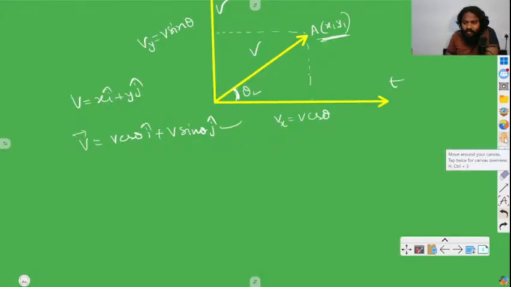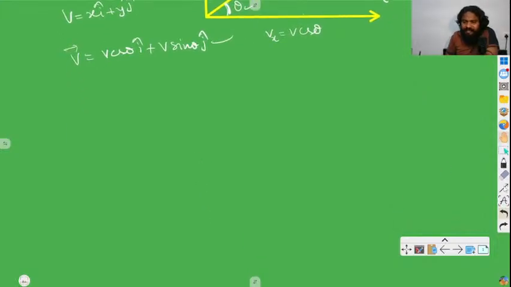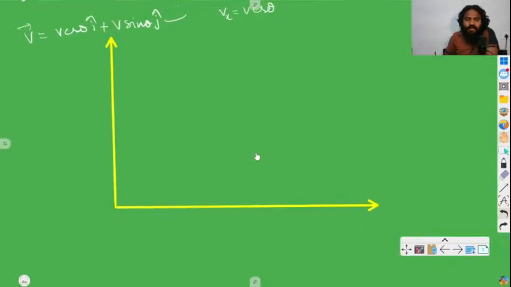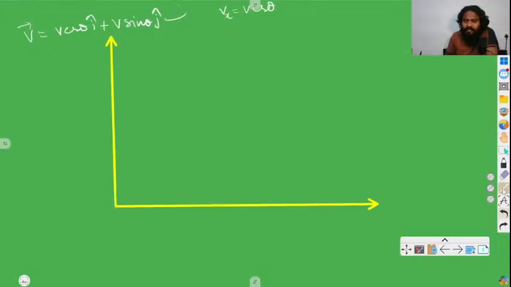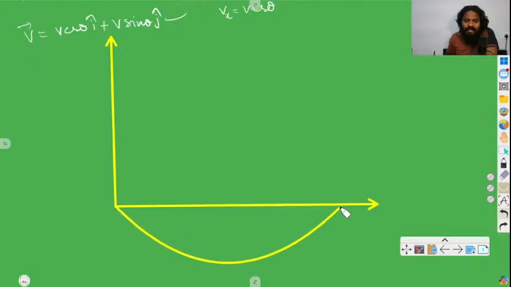Now for this, we'll have an object. For example, first let's consider the x-axis and then the y-axis. Now you are throwing an object by making an angle theta with the horizontal with initial velocity u.